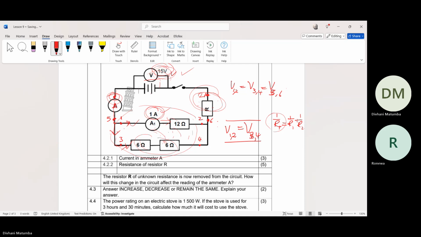Right? So if you have a total of 10 amperes going through A, how much will go into this branch? So would we potentially have 5 going into the first branch? Yes, 5. Okay, that's correct.